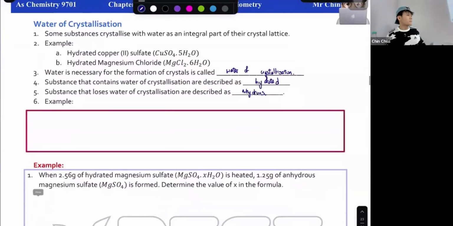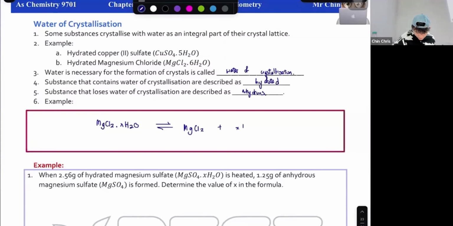That's it. Clear. All right, guys, what I want you to do is write down the equation. For example, if it's MgCl2·xH2O, you write it down, and you can write the ratio 1 to 1 to x like that. Clear. Good job, guys.